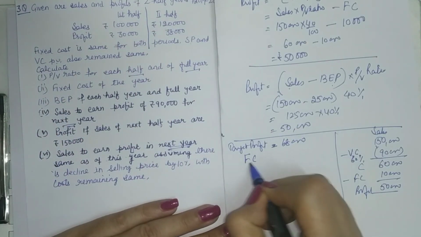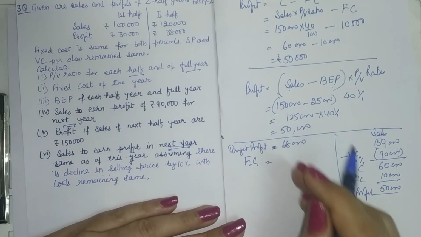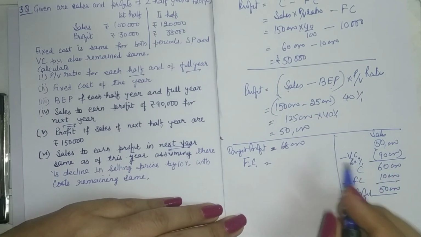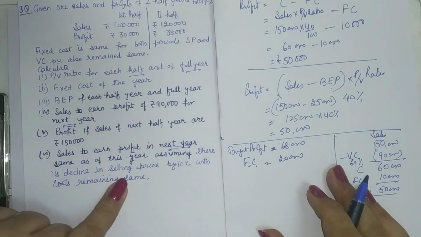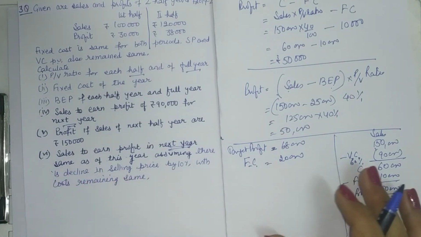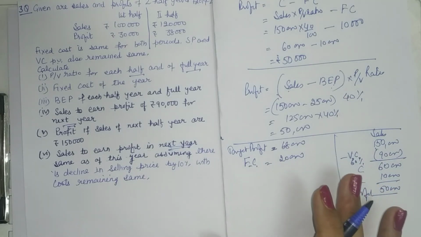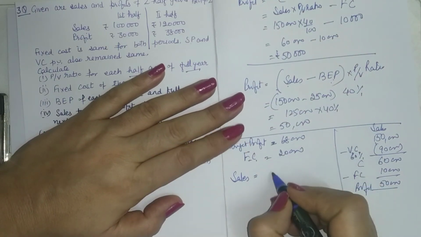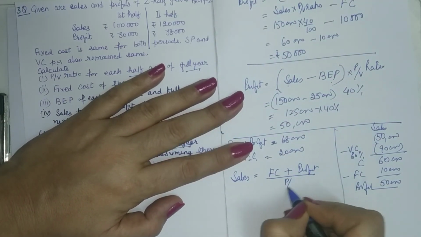Okay, your fixed cost is going to be same because for calculation of sales, our formula is fixed cost plus profit upon PV ratio. So fixed cost is same, 20,000 rupees. However, it says that there is a decline in selling price by 10%. Now your selling price is declining but cost is going to be same. So our sales at desired profit are fixed cost plus target profit upon PV ratio.